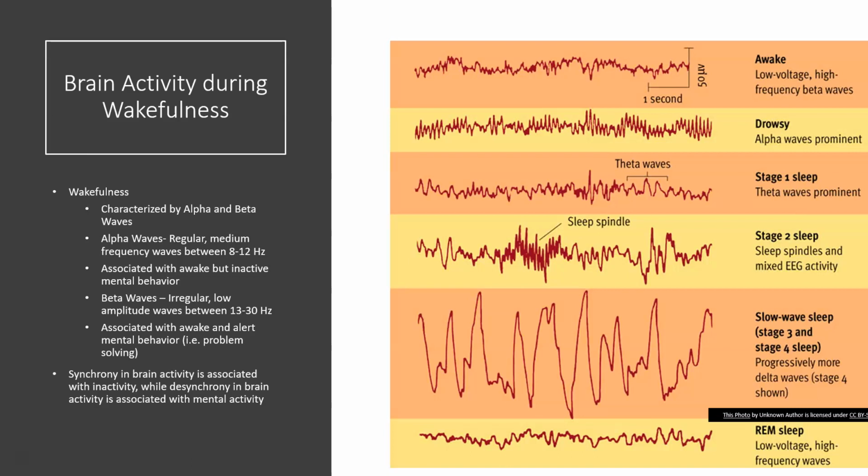And as you enter deeper levels of sleep, your brain activity becomes more and more synchronous, which is correlated with less mental activity. This is because all the neurons are firing in a synchronous manner. They're not firing at different times, doing different tasks. They're all firing at the same time in a regular way. So that's the main thing to understand about what really characterizes sleep versus wakefulness.